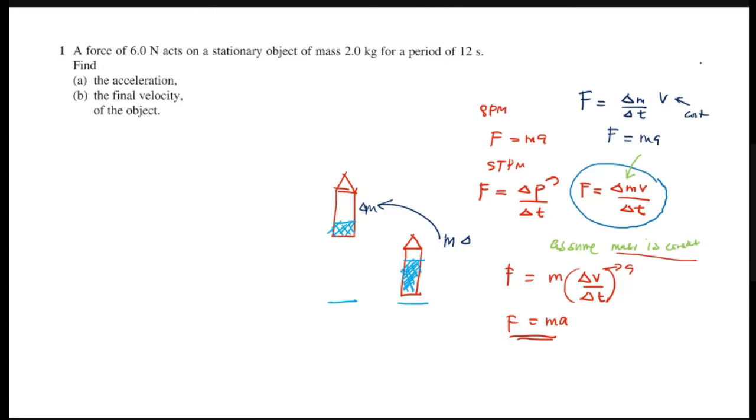So remember in STPM, when you want to define, you also have to memorize this because it can be asked in STPM. Newton's second law: the resultant force is directly proportional to the change of momentum divided by the change of time. Okay, everyone clear about that? Yes, sir.